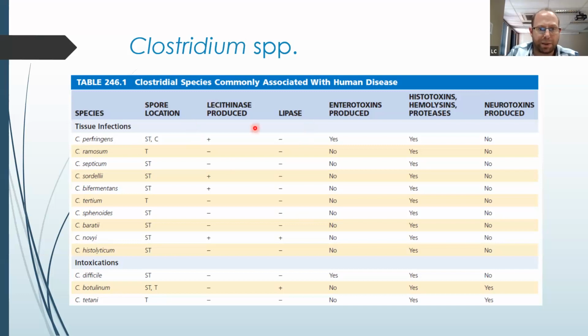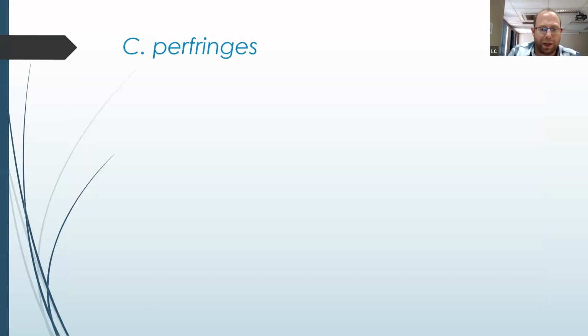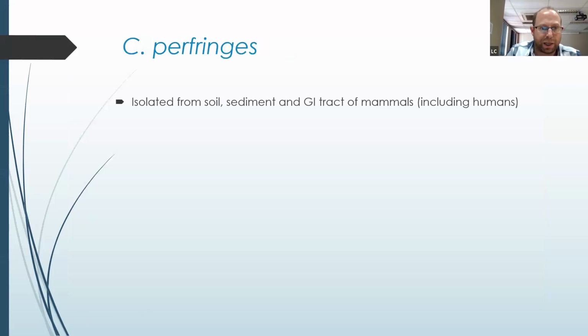Things like lecithinase being produced, which can break down barriers, various enterotoxins, various hemolysins, various neurotoxins predominantly on the bottom. You see the intoxications where botulism and tetanus, for example, do not cause major invasive disease, but it's the neurotoxins they produce.